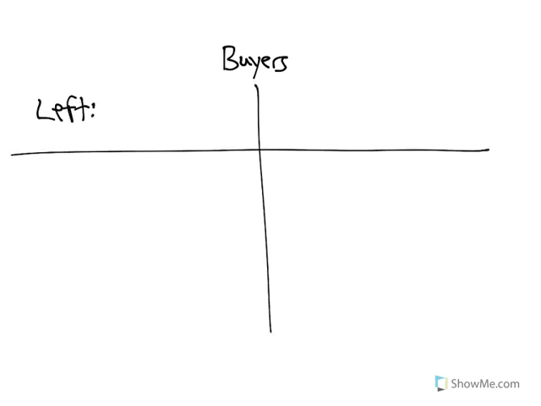So the first one is buyers. Okay, so if we are going to shift, let's do it like that here, left and right. So what has to happen to buyers, the number of buyers, we could say, in the market to move the demand curve to the left? Well, that would be less buyers, right? If there's less buyers of the good, there's going to be less demand for that good.